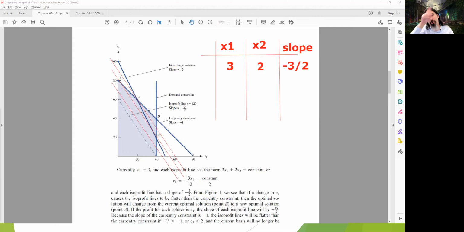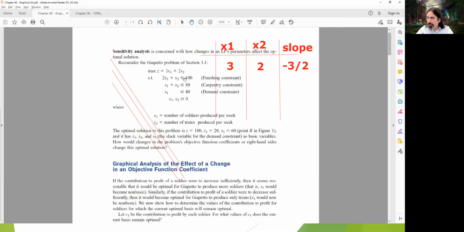If it rotates clockwise, which means that x1 is increasing in value, so x1 has a better value now, it will fit on this constraint, this finishing constraint, which has a slope of minus 2. So if I increase and fit on that slope, let's take a look, I will have the same values as this constraint, which is 2x1 plus x2.